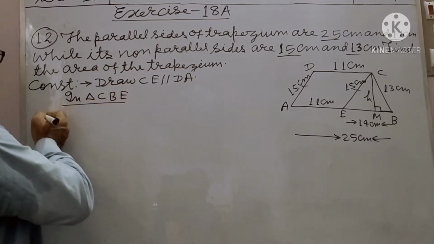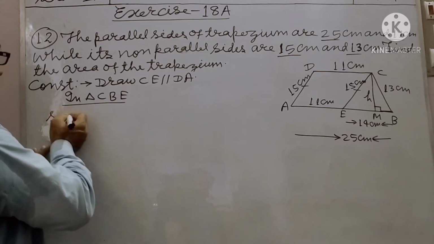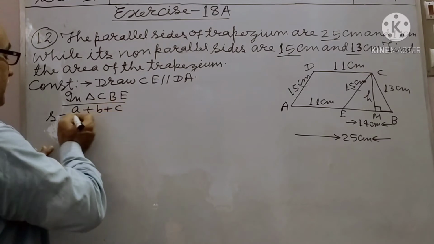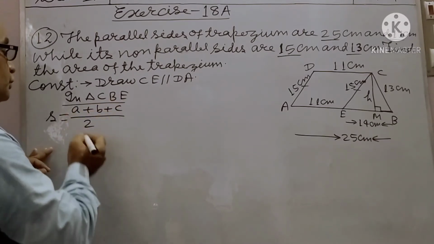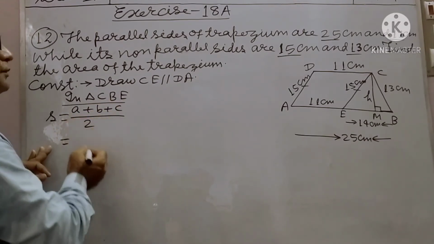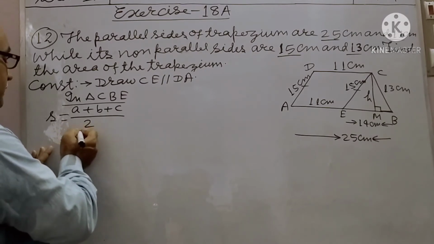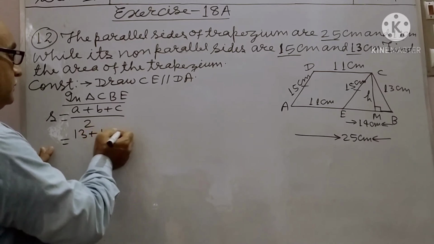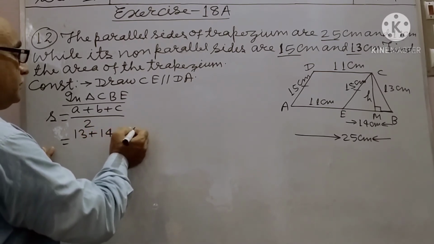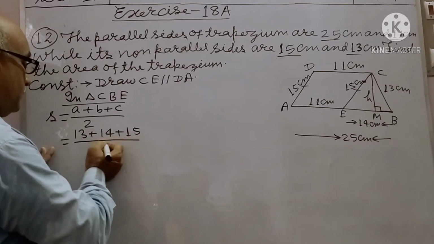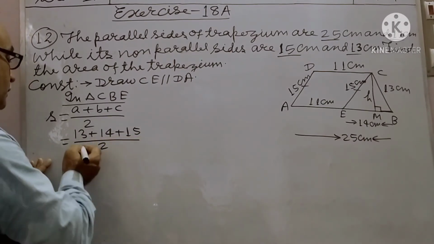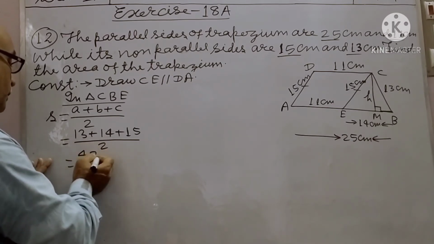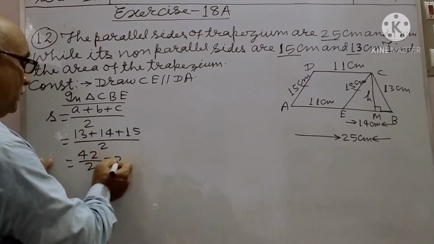In triangle CBE, by Heron's formula, find s equals a plus b plus c by 2 equals 13 plus 14 plus 15 by 2 equals 42 by 2 equals 21 cm.